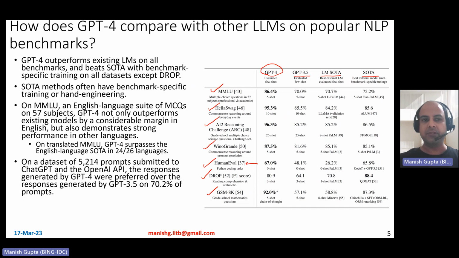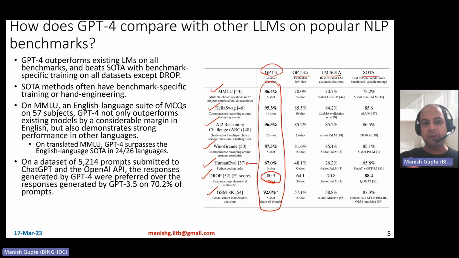So the first observation is that GPT-4 actually outperforms existing large language models on all benchmarks and beats state of the art with the benchmark specific training as well, except on a particular data set, the DROP data set, right?